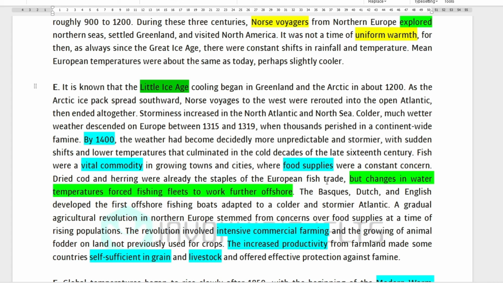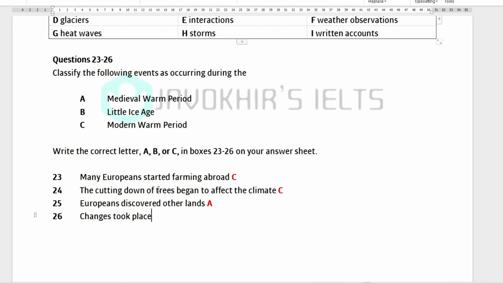Dried cod and herring are two kinds of fish, and the changes in water temperatures made people go further offshore to catch the fish. So what period? Of course, the Little Ice Age. Since we have four sentences and only three options, every single option is going to be used.